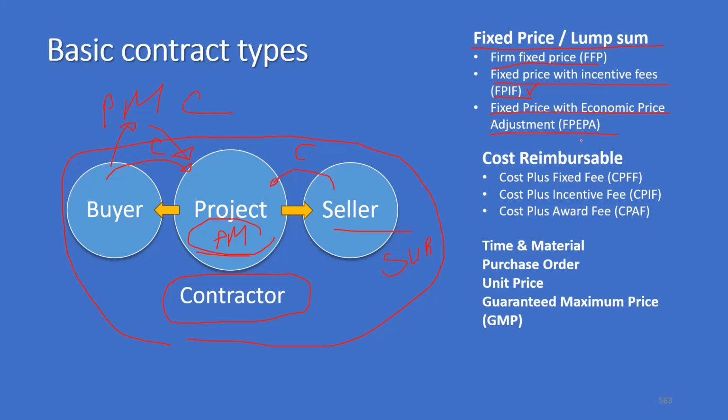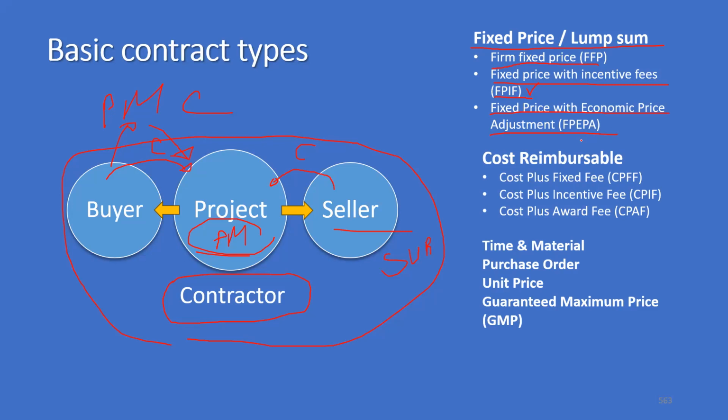If the contract is for a very long time, running for years, then very often we go with FPEPA type contracts, because raw material fluctuations can happen, cement rate fluctuations can happen, exchange rates can fluctuate, oil prices can fluctuate, and steel prices can fluctuate.